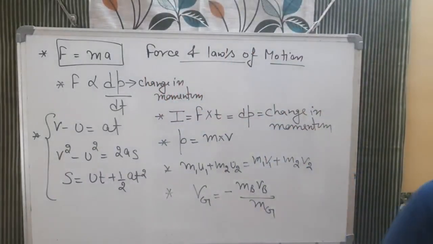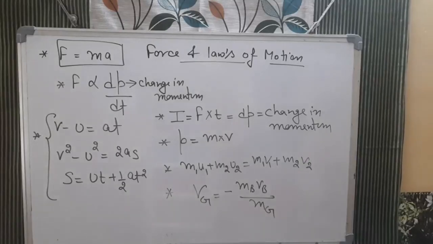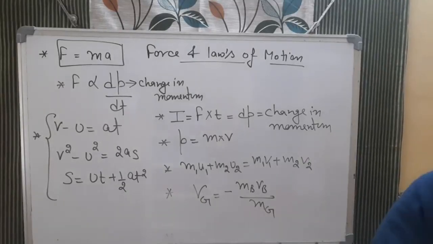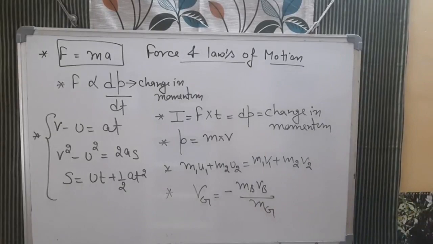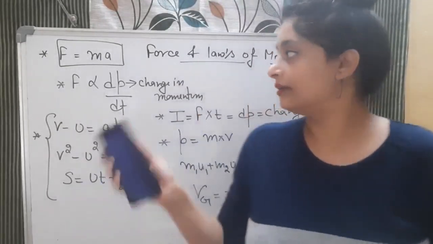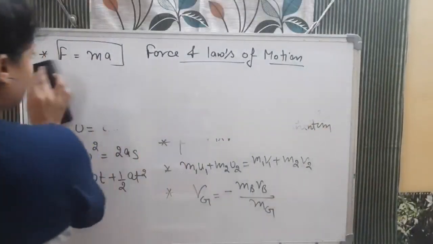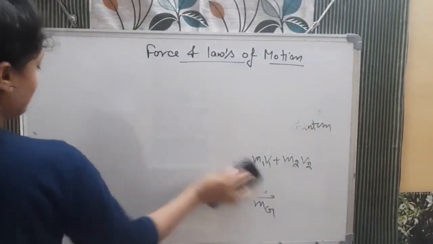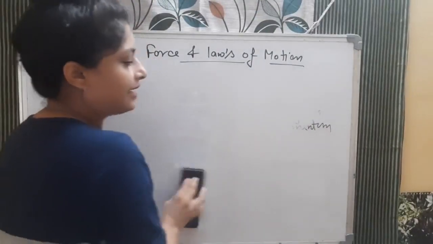Now the second question is saying, when a carpet is beaten with a stick, dust comes out of it, explain. We need to explain. See, about inertia, I told that inertia is what, bacha? Inertia is the inability of the object to change its state by itself.